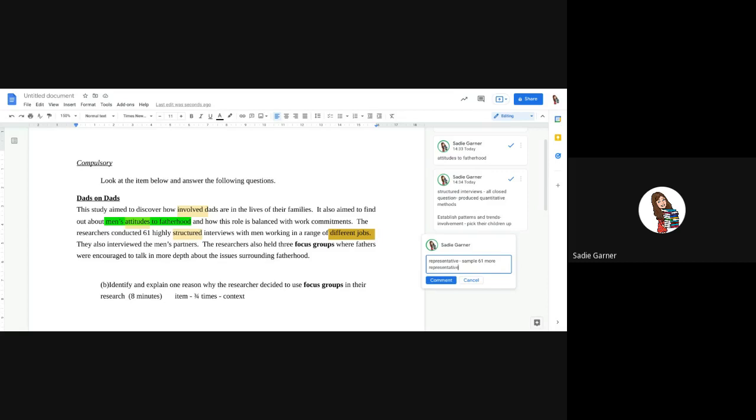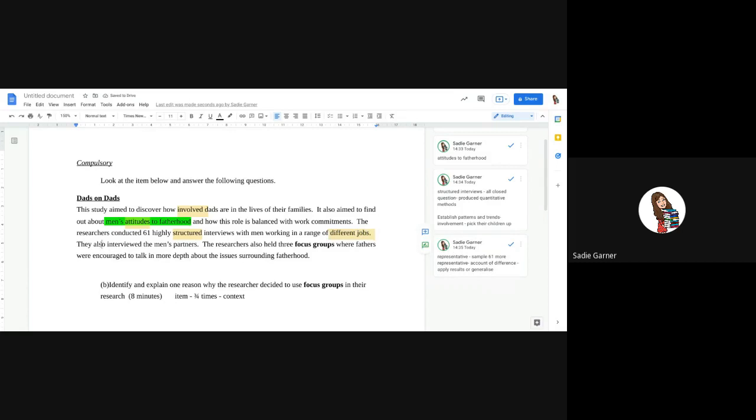That sample really can account for differences, you know, class, gender, ethnicity, in this case, particularly class for different jobs. So that means they're likely to be able to apply results or generalize. So just trying to pull out as much as we can from this item to help us.